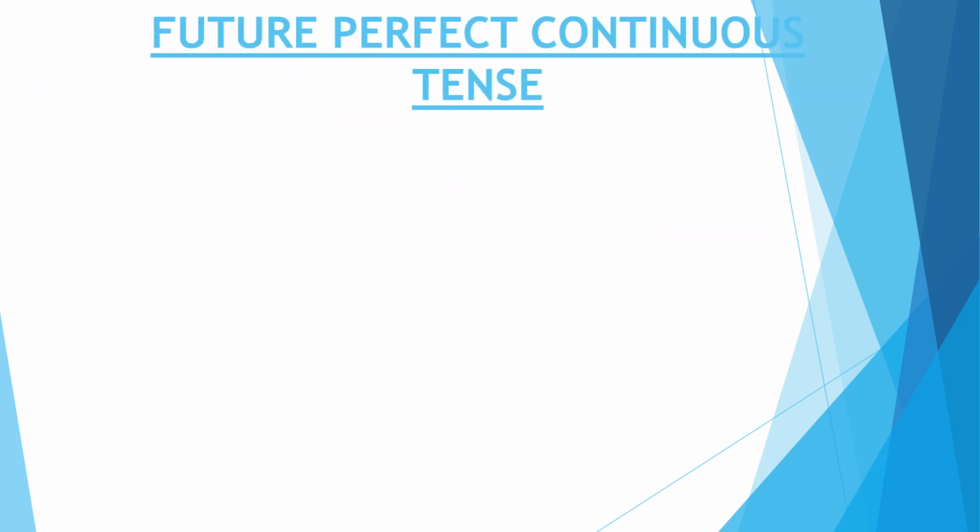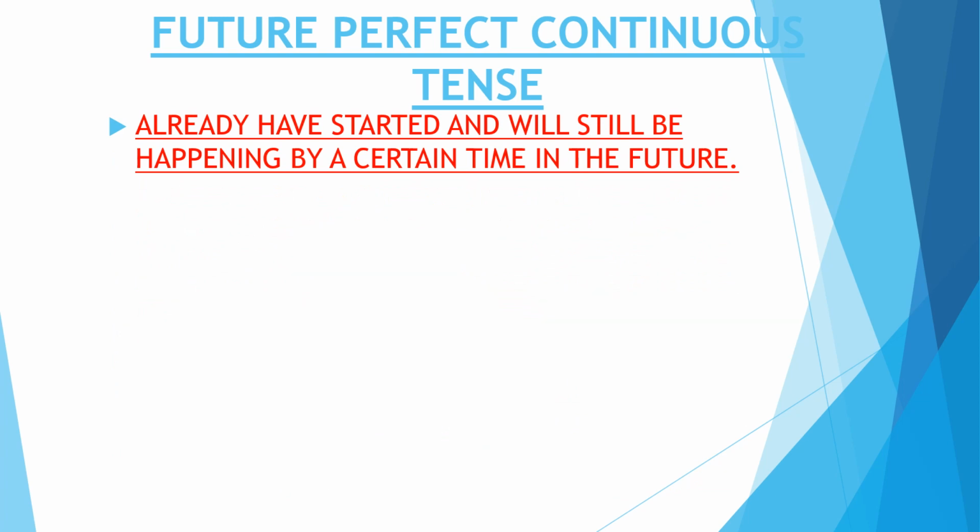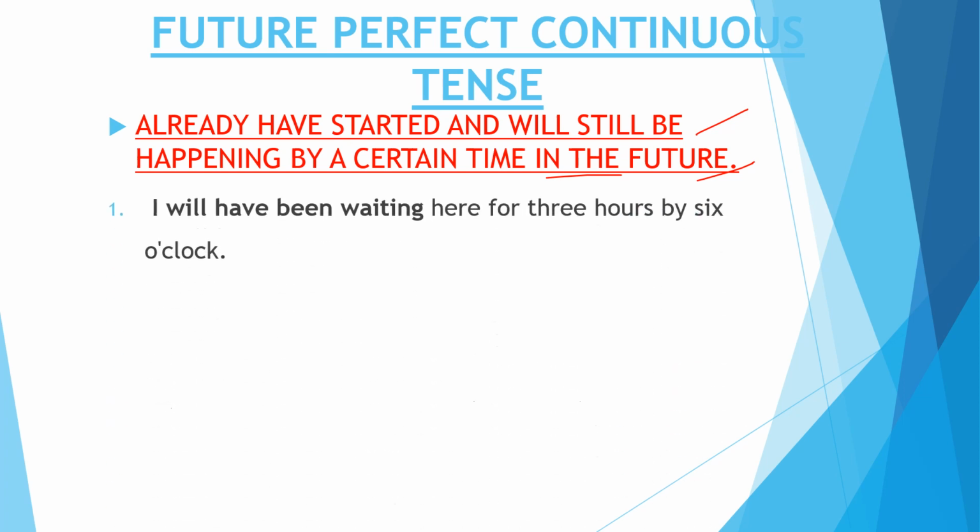Now the uses of the future perfect continuous tense. It is used for an action that has already started and will still be happening by a certain time in the future. How? I will have been waiting here for 3 hours by 6 o'clock.